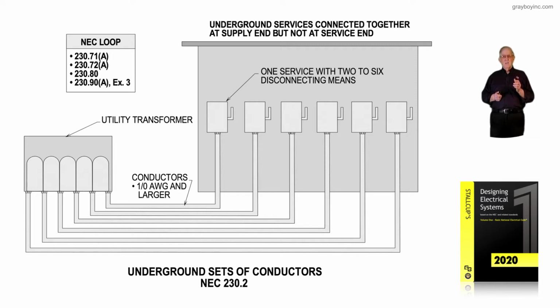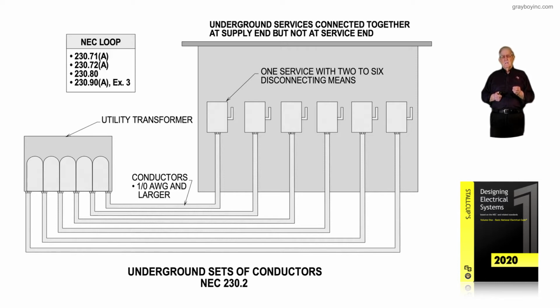But say, no, that's not the case here. The utility owns the transformer. They own those underground runs to individual meters or a master meter at the transformer, then those are laterals.